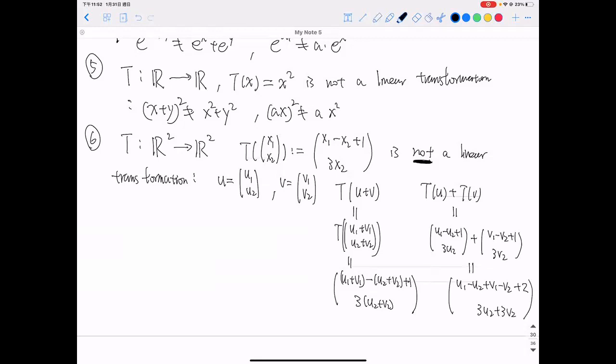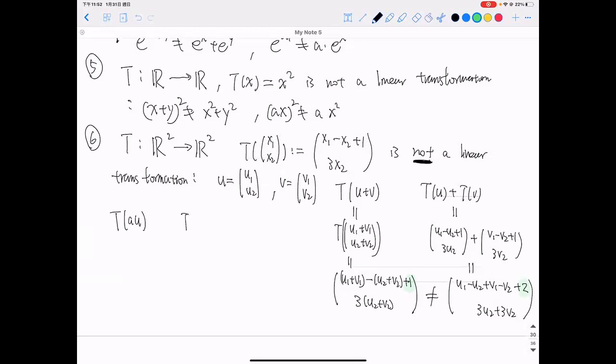Now you see that they are not equal, because here you have a 2, whereas here you have a 1. These two vectors are not equal. One of the requirements for being linear does not hold. And you can also check that the other requirement also doesn't hold.